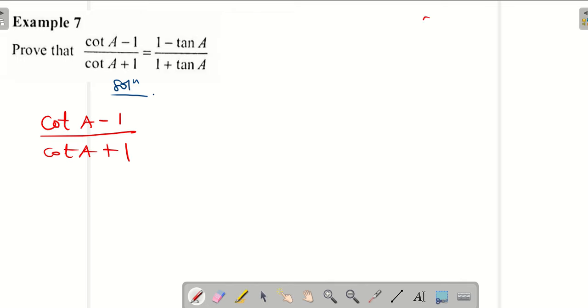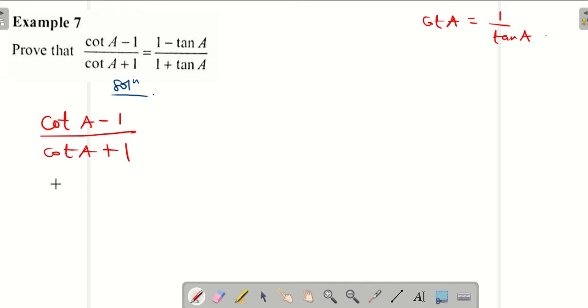Now remember that cot A is the same as 1 over tan A. That's the reciprocal of tan is cot.